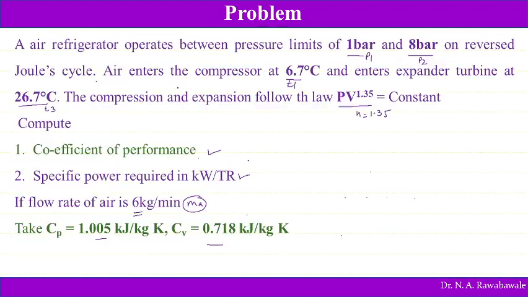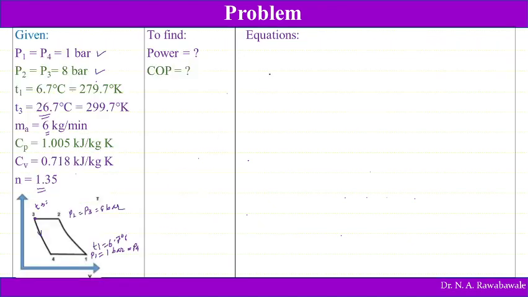So we are asked to find the coefficient of performance and specific power required in kilowatt per ton of refrigeration. So here we want to find COP first. To find COP, we need refrigerating effect divided by work done.